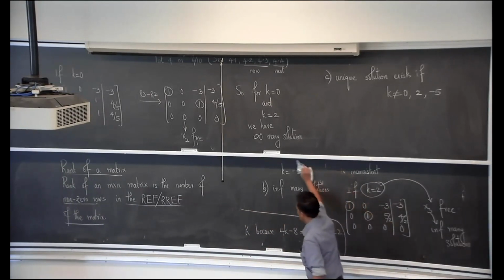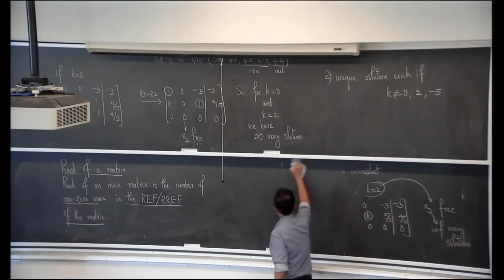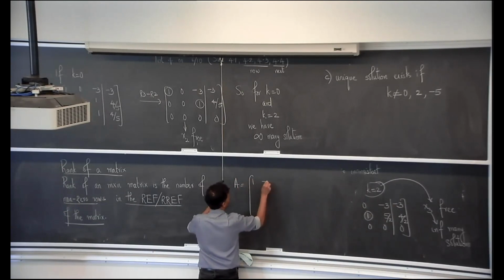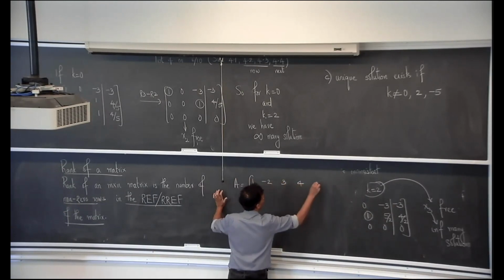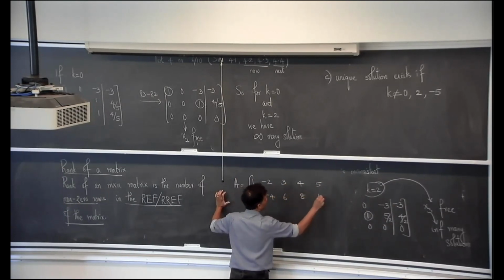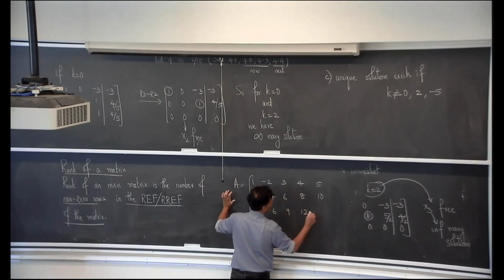So there are a couple of examples just to show how this is done. A equals 1, -2, 3, 4, 5, 2, -4, 6, 8, 10, and 3, -6, 9, 12, 15.